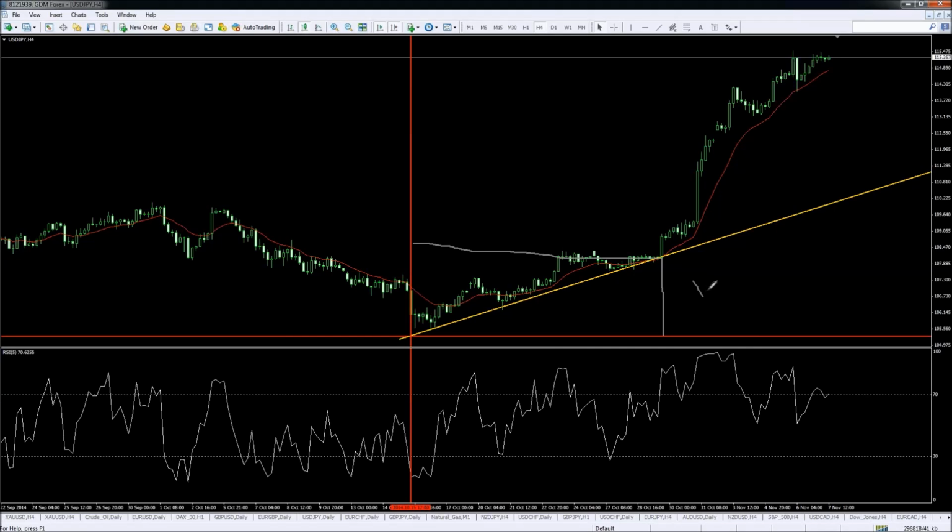Let's say this is X, this is Y. So in this case, X is smaller than Y. And if we need to have a 45 degree angle, it should be something like this, in which case X would be equal to Y. So this is our perfect trend, a 45 degree angle.